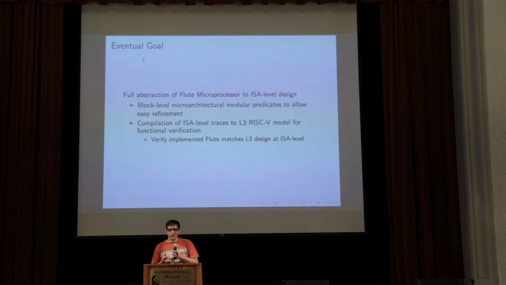The eventual goal is to fully abstract this pipelined processor to an ISA level design, but this will still be using predicates that Nirav defined manually, and the next step would be to use the L3 specification to automatically compute these predicates.